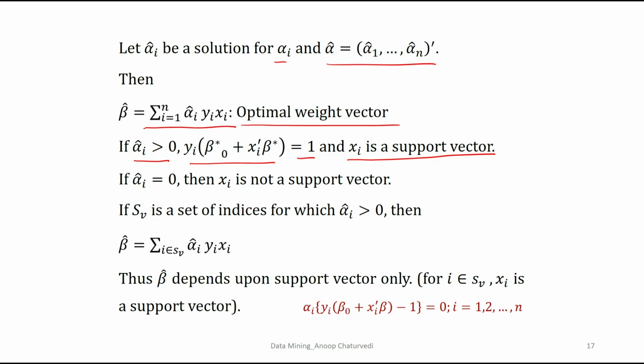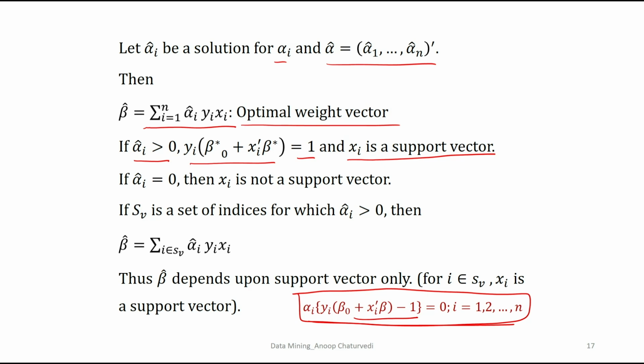Remember that we are using this constraint. So, if alpha i hat is greater than 0, to make this term 0, we need yi beta naught star plus xi transpose beta star equal to 1.